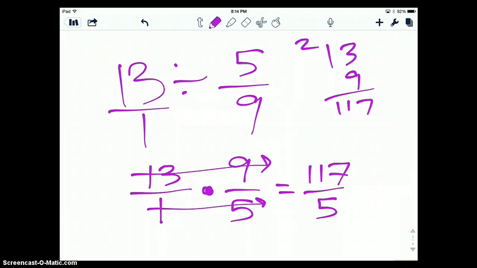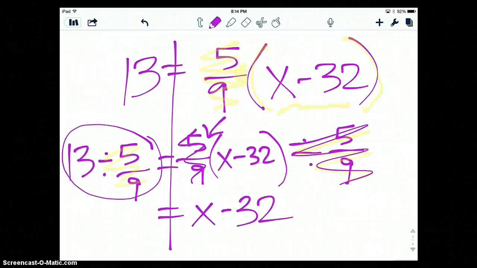So I just did that multiplication right there. And I'm at 117 over 5, which is super improper, but you know what? I'm not done with the problem yet, so I'm just going to keep it as is. So 117 over 5.